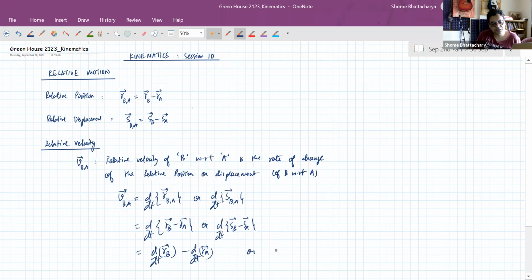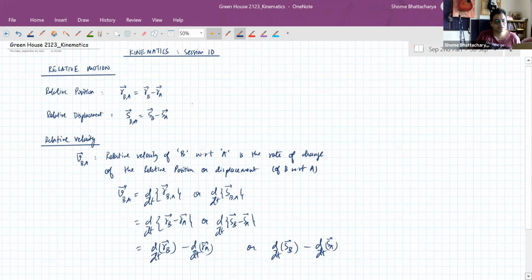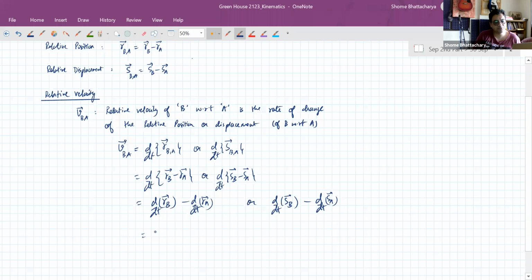Or if we are going by the second definition, it is the rate of change of SB minus the rate of change of SA, which is A's displacement. Okay. So next thing you can see here is that this is nothing but the velocity of B in the ground frame, and this is nothing but the velocity of A in the ground frame. Same here also. This rate of change is nothing but velocity of B, velocity of A. So like that, this becomes this. So instantaneous relative velocity of B with respect to A.